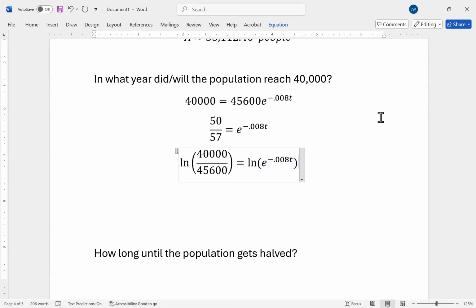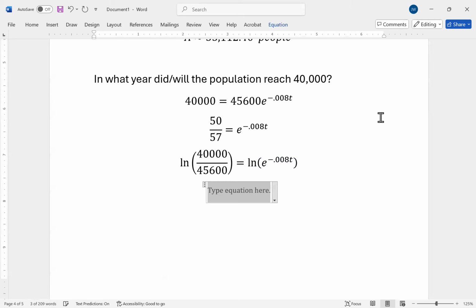Inverse property of natural log and e to a power makes that right-hand side become negative 0.008 times t.